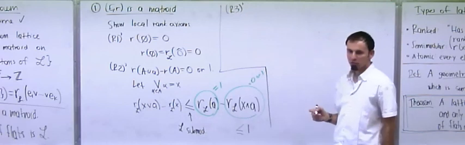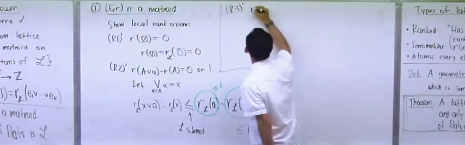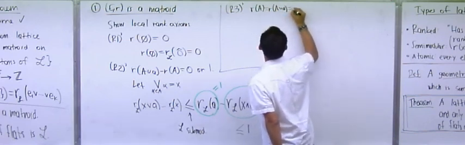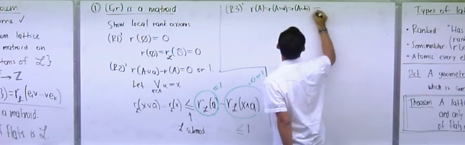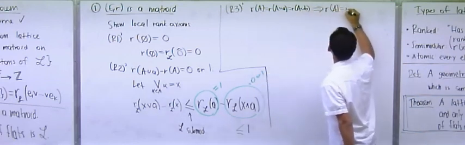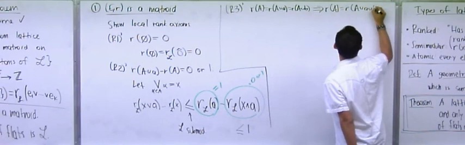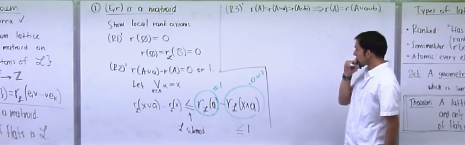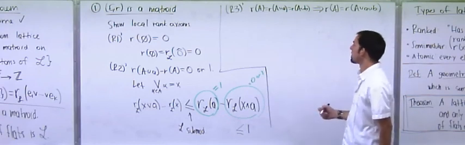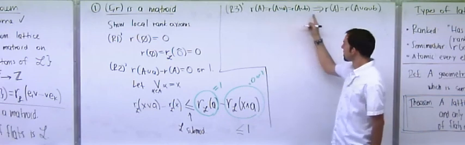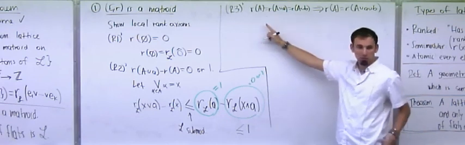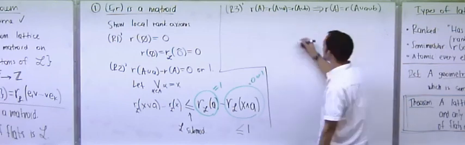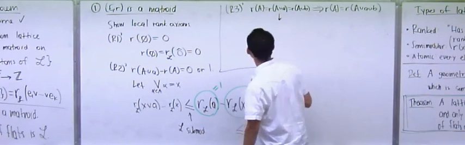And the last thing I have to show is axiom R3 prime, which says if the rank of A doesn't change when you add little a or when you add little b, then it doesn't change if you add both. Okay. And so again, my strategy is going to be to translate these things, which talk about the rank of my matroid that I'm trying to build, into the rank of the lattice.